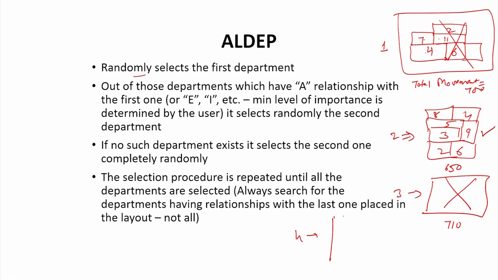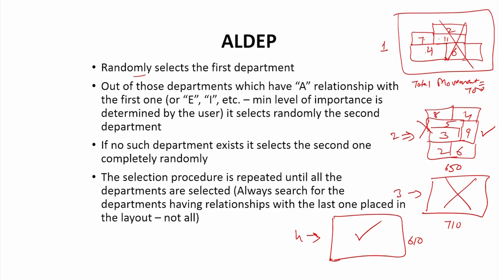Let us say that layout has a score of 610, then it will delete the earlier one and keep this in store, and in that way it will keep on generating layouts until it is not able to find any better, and at the end it will give you a layout which has minimum material movement between the departments. So it is a random, simulated kind of thing, where we keep on searching for the best layout in a random manner without applying any logic behind it.